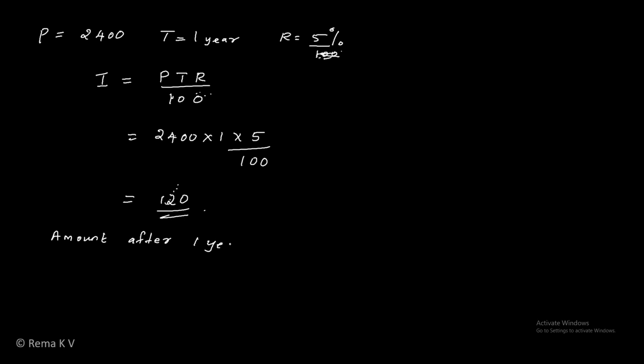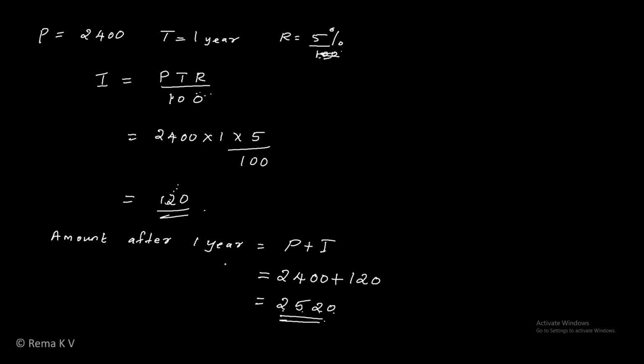Amount after 1 year is P plus I. This is equal to, the principal amount is 2400 plus interest is 120, 2520. Okay, amount after 1 year is 2520.